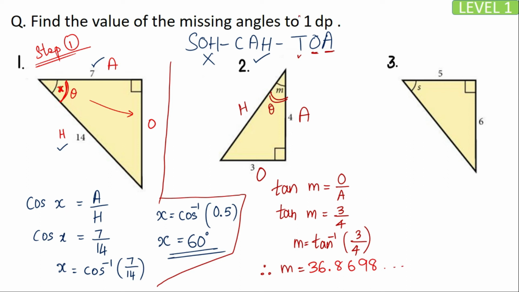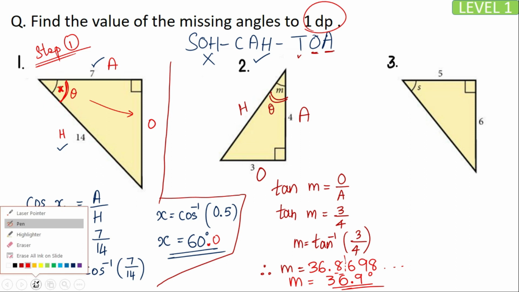Since they have asked the answer to 1 dp, M is going to be 36.9 degrees. And here again the answer to 1 dp you have to put. Yeah. Now the answer looks accurate.